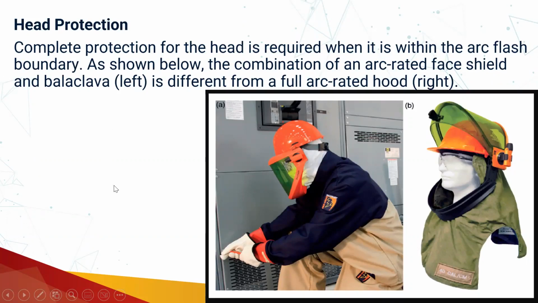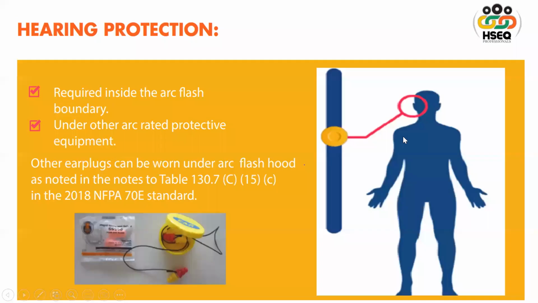The combination of arc rated face shield and balaclava is different from the full arc rated hood on the right. Then hearing protection is a must when you are working inside the arc flash boundary.